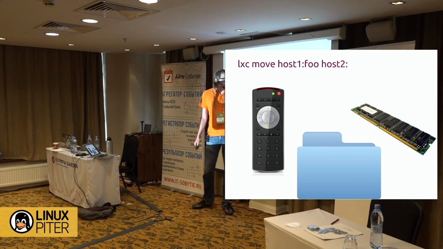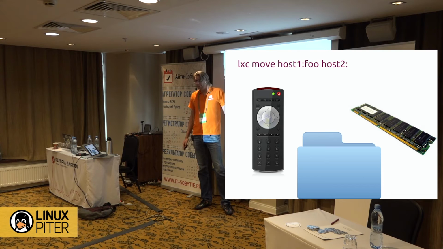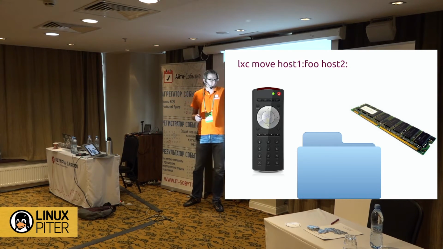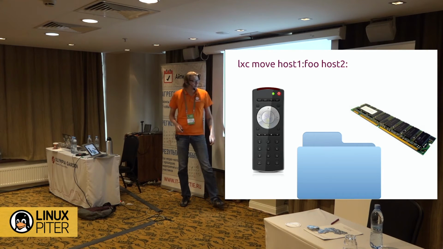And then there are the more interesting pieces, which are the file system piece. In order to migrate something, you need to migrate all the files that the container could see, and also its in-memory state. So if the container is a database and it's allocated 10 gigs of RAM for its cache, and it has the cache laid out in some specific way, that's state that you want to preserve.